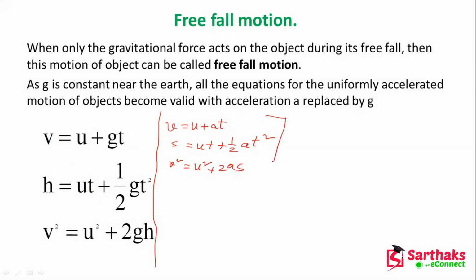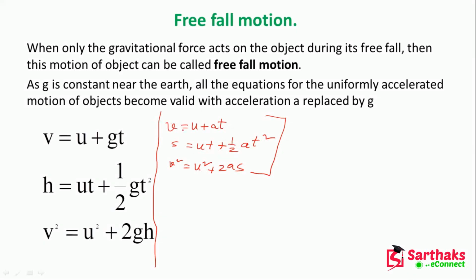These three are very well known equations of motion. Here, v is the final velocity, u is the initial velocity, a is the acceleration, t is the time, right? All these things we have already discussed.